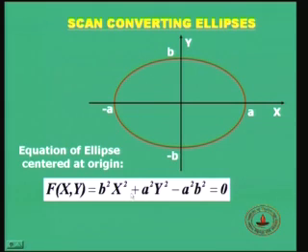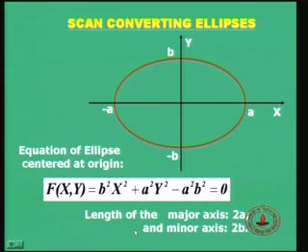That is the typical expression of an ellipse, but we know now that in the case of a circle as well as for a line, we have represented this functional form as f(x,y) equal to 0. So, that is the equation of an ellipse in the form of f(x,y) equal to 0, where the length of the major axis, that is the x axis, is 2a and the length of the minor axis is equal to 2b. So, 2a and 2b are the intercepts along the major axis and minor axis.